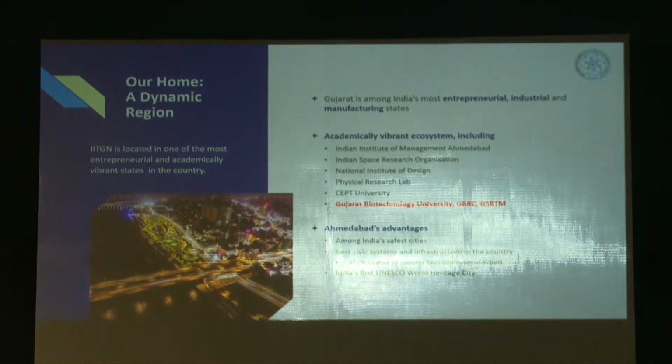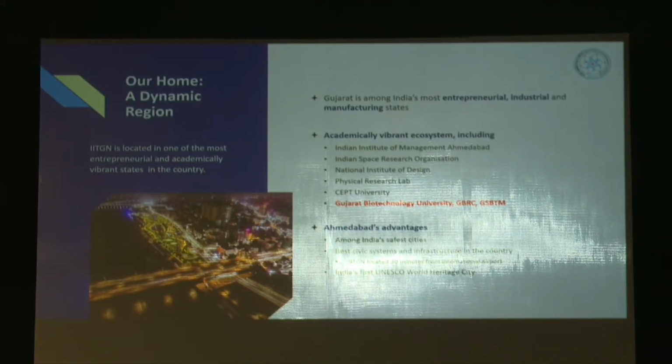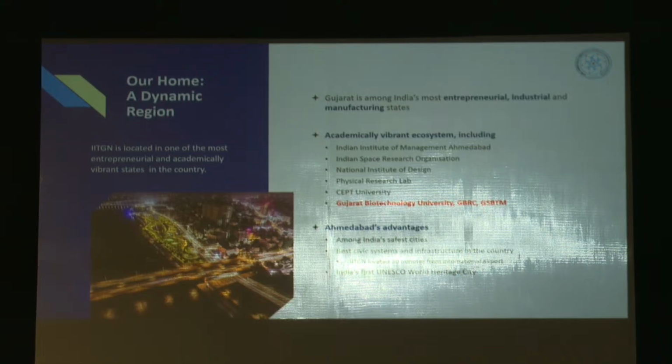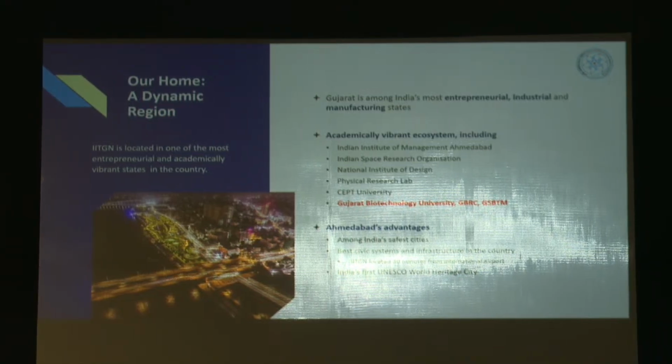And why Gujarat? Why an IIT in Gujarat? We all have been seeing the recent developments. Most probably, the 2036 Olympics might happen in Ahmedabad. There are very strong chances that Ahmedabad might be the host for the Olympic games, the way things are getting developed.